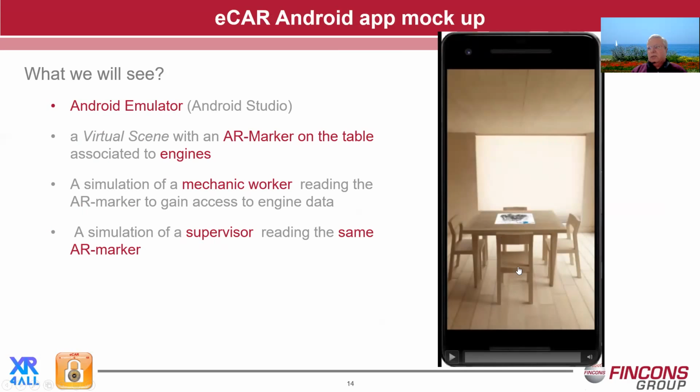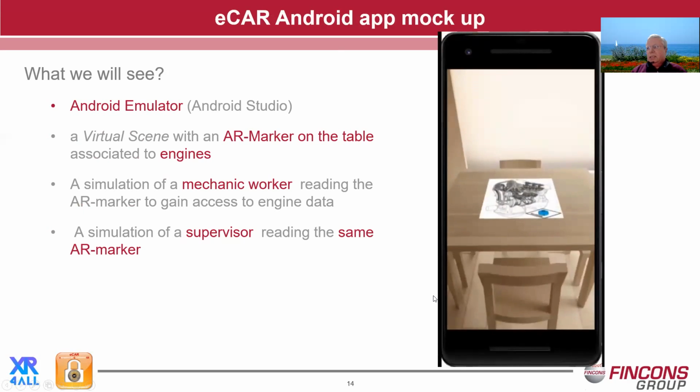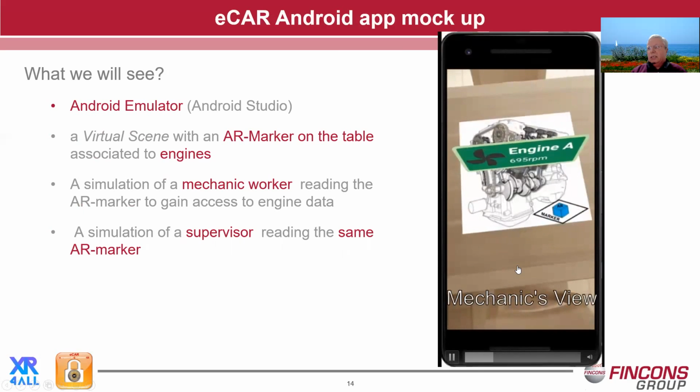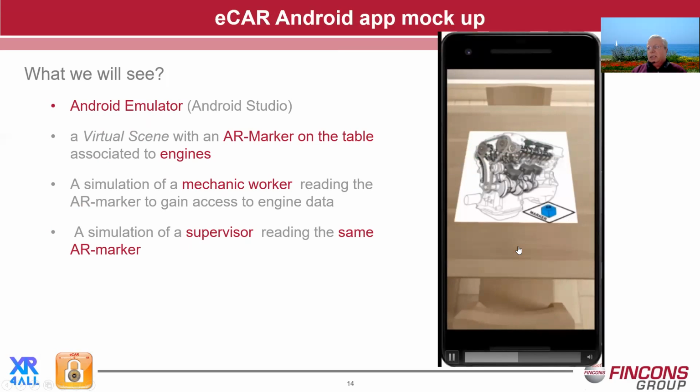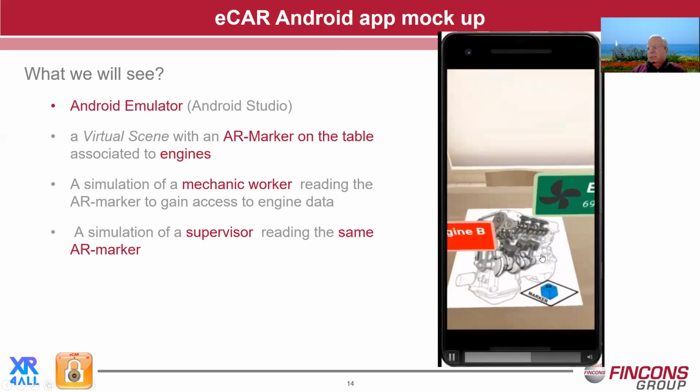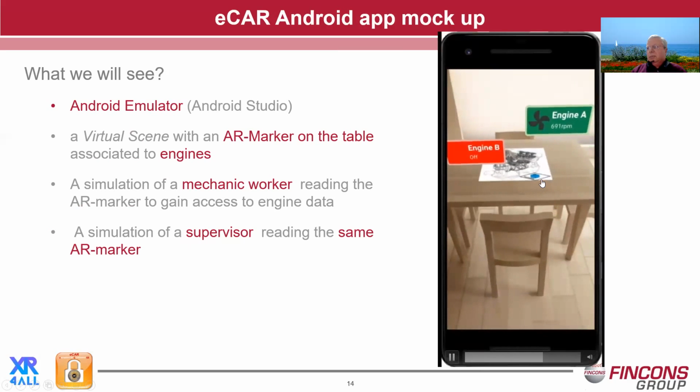Afterwards, there will be a supervisor using the same application, reading the same marker, but having a different decryption key that will get additional information as compared to the initial worker. As you can see here, the worker is reading the marker. He gets some information regarding engine A. Now there is the supervisor. He reads the same marker but gets additional information, for example, regarding engine B.